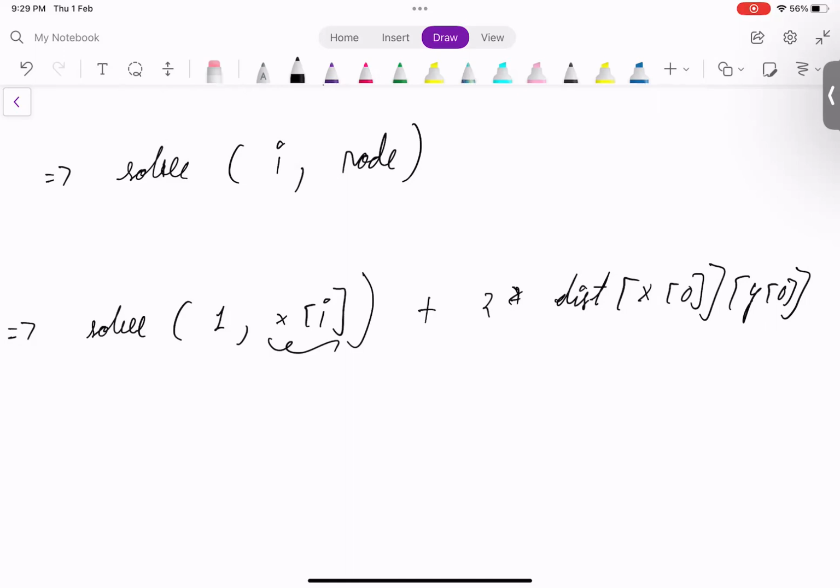Here we assume the first person was on the source of the first day, and he delivered the pizza of the first day. So this is the value that we got.